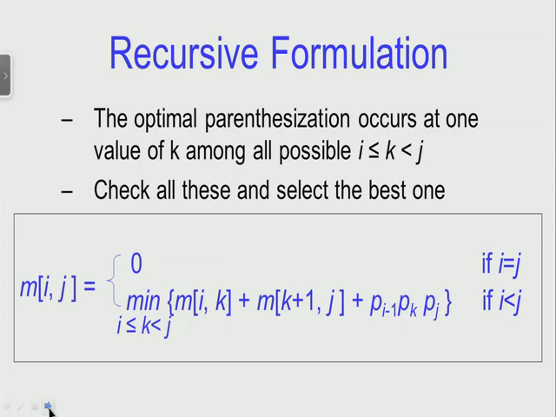If i is strictly smaller than j, then m of i comma j stores the minimum number of scalar multiplications to multiply the chain product A i to A j. So, this is obtained by finding the best value of k by computing m of i comma k plus m of k plus 1 comma j plus p i minus 1 multiplied by p k multiplied by p j and choosing the best possible k that gives the minimum value of m of i comma j.